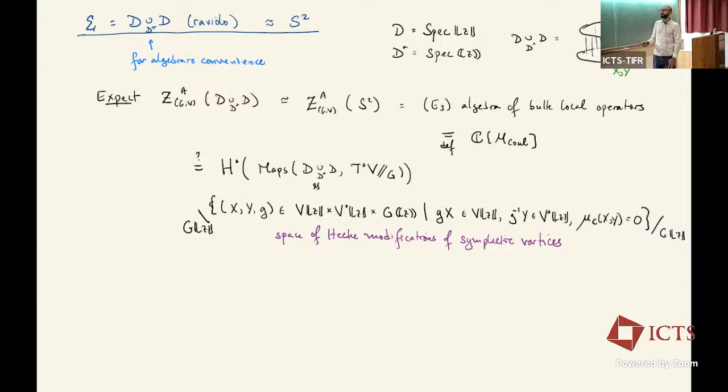So acting with G on X and on Y still lands you in Taylor series at the top. There's also this algebraic complex moment map condition that has to be imposed. And then one quotients by Taylor series isomorphisms acting on the bottom and acting on the top. So this is what, if one wanted to write down a definition for a space of Hecke modifications of symplectic vortices, this would be it.